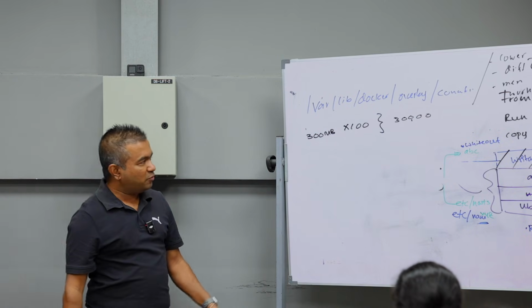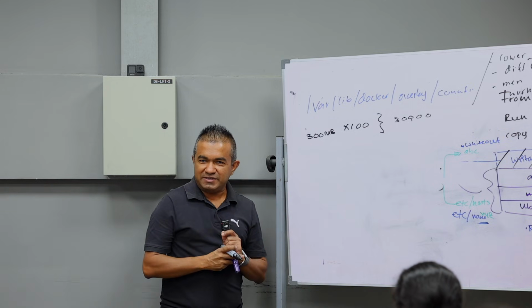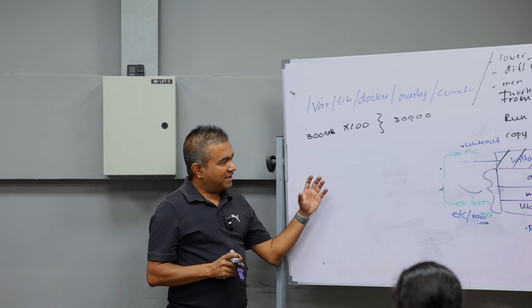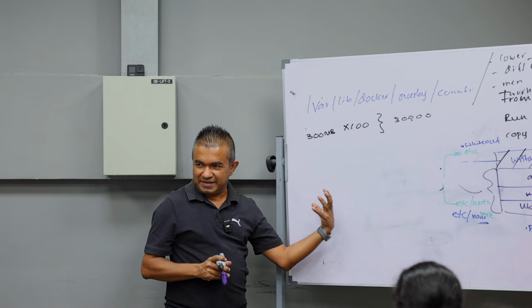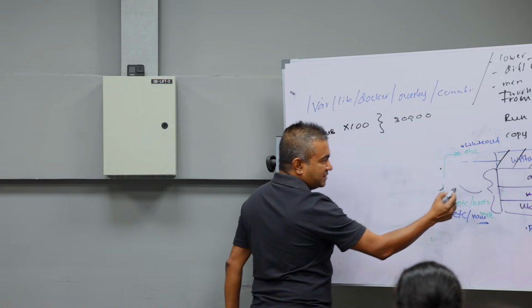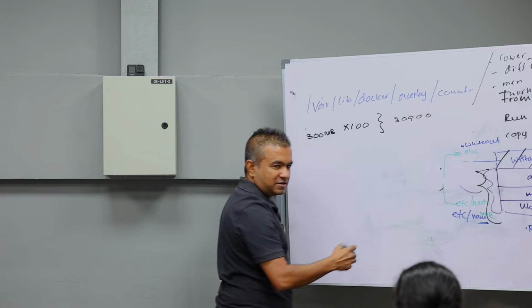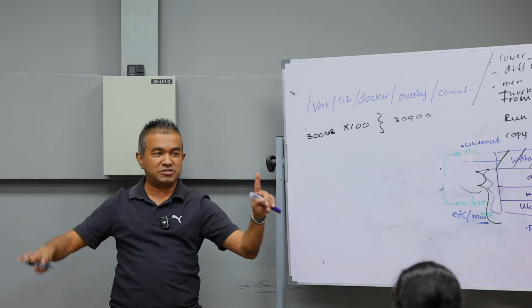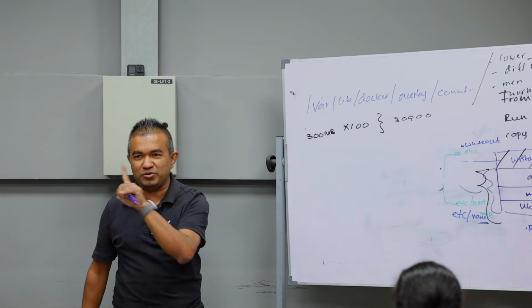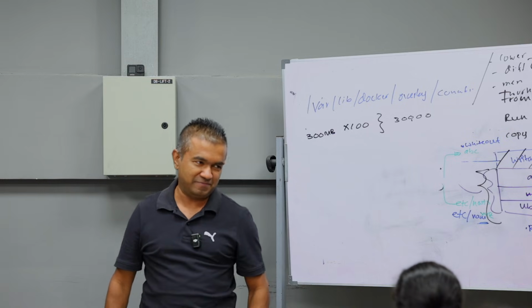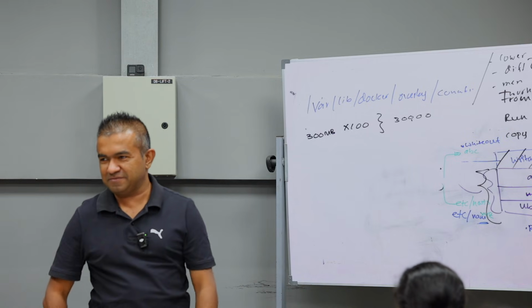To avoid this, what Docker does is, when you run a container, the lower file system is shared across all the containers which run on the same node. That's very important. Node means the host.